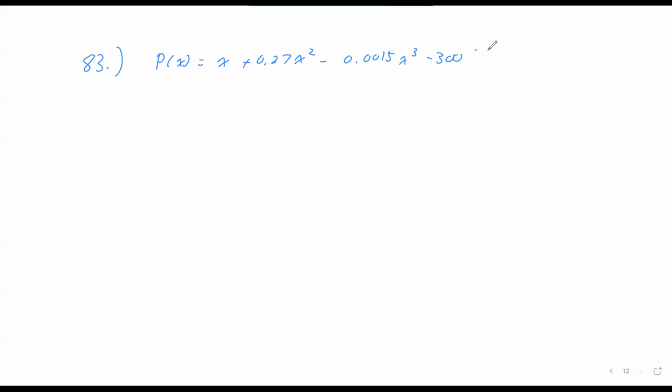So this time I want to make a profit, so it has to be greater than 0. In this case, I'm personally probably going to use a calculator. I don't see any other way to do this by hand. Because, I mean, let's see, if I pulled out an x, 0.0015.